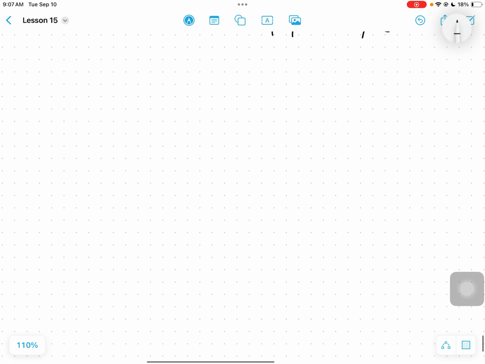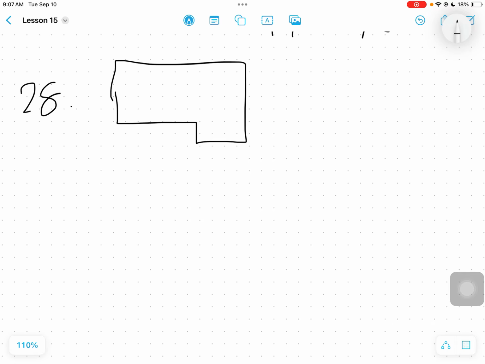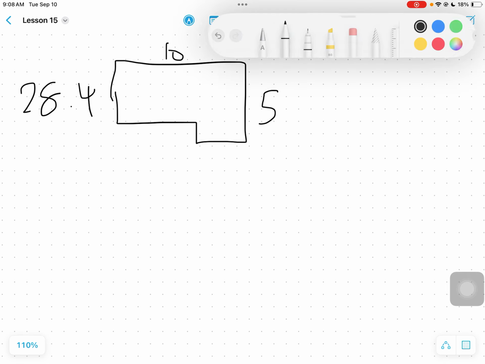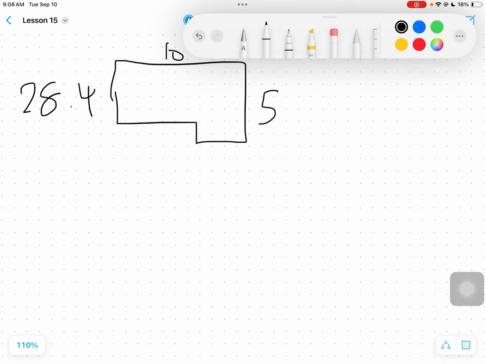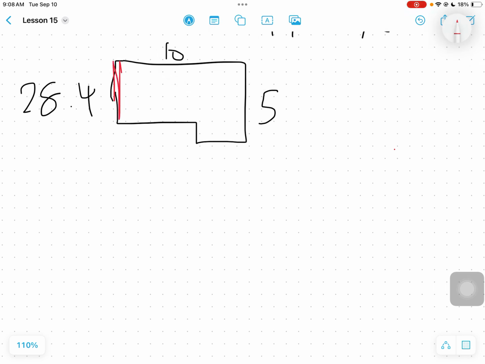Find the perimeter for 28. We're going to have this little figure right here, 4, 10, 5. Now we see here that this section plus this little part gives us the 5. So that has to make it 1.